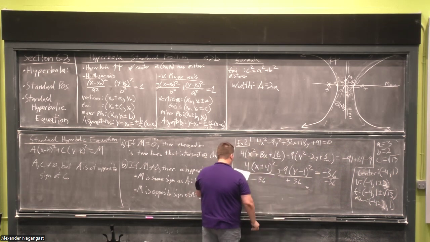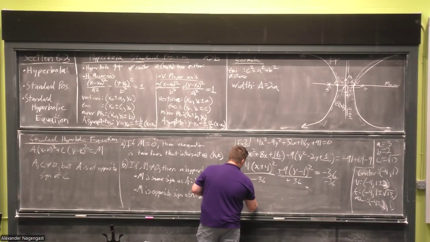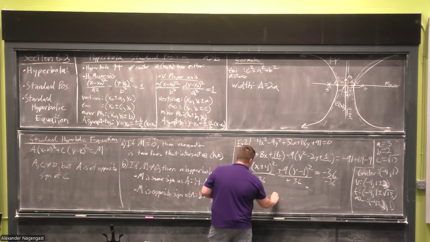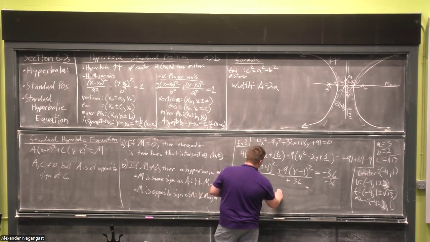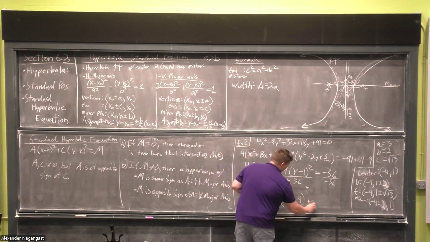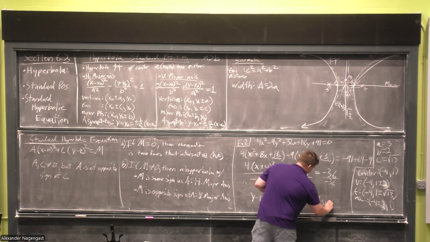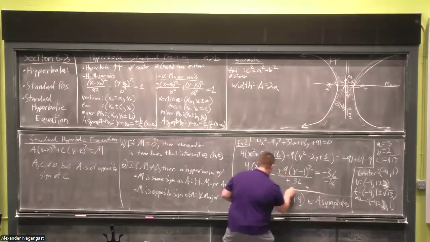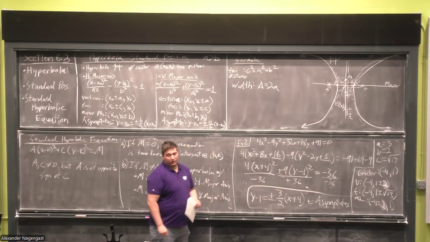So our asymptotes we can write as y minus y naught, which is 1, is equal to plus or minus our a, so that's 3, divided by our b, which is 2, times x minus x naught, which is negative 4. Those are our asymptotes. And that's all the critical information.